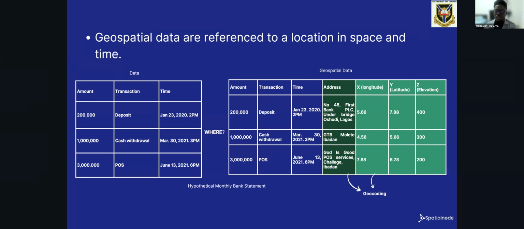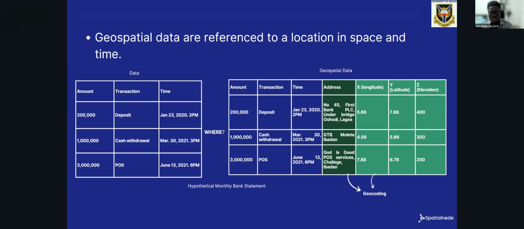Before I talk about GIS, I would like to talk about geospatial data, because at the end of the day, GIS is data driven. Without data, you can't do anything with GIS. I'm assuming most of us have a background in data analysis, so I want to compare what normal data looks like and what GIS data looks like.